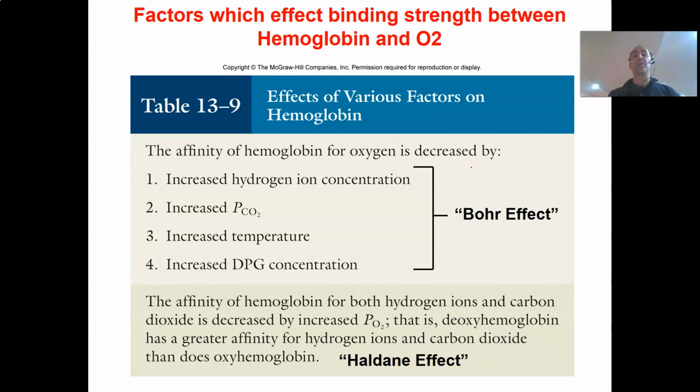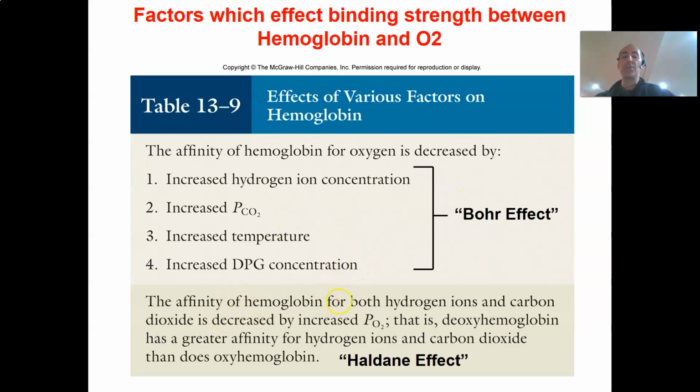The best example of the Bohr effect that would contain all of these factors, 1 through 4, is exercise. Under exercise conditions, you become slightly acidic, your temperature goes up, and you dump oxygen from the hemoglobin that is bound into the blood so that the cells can use it more quickly.